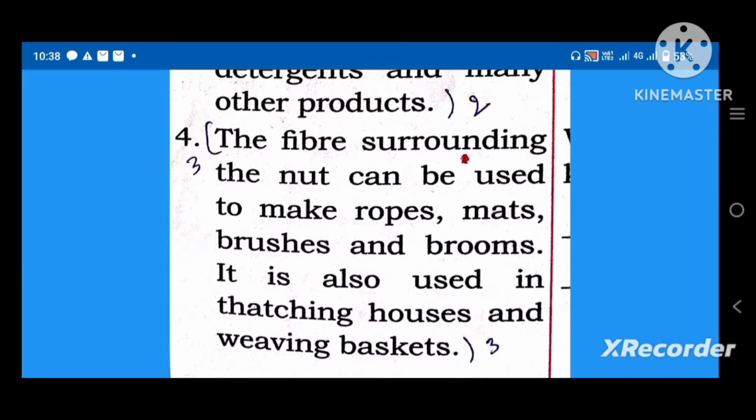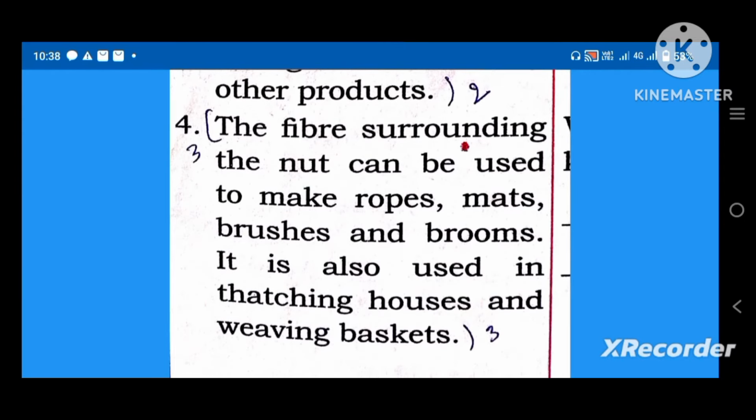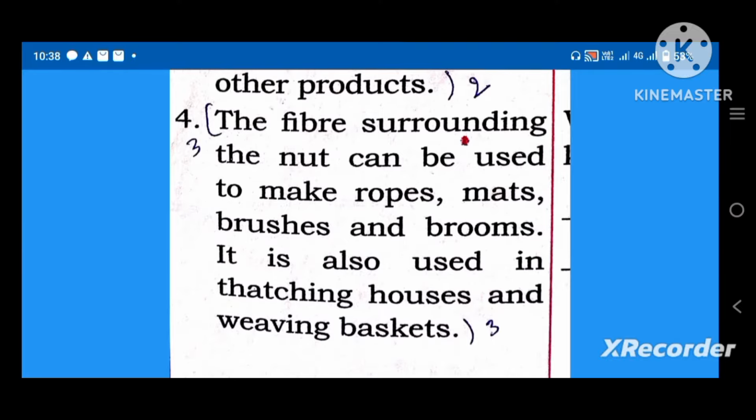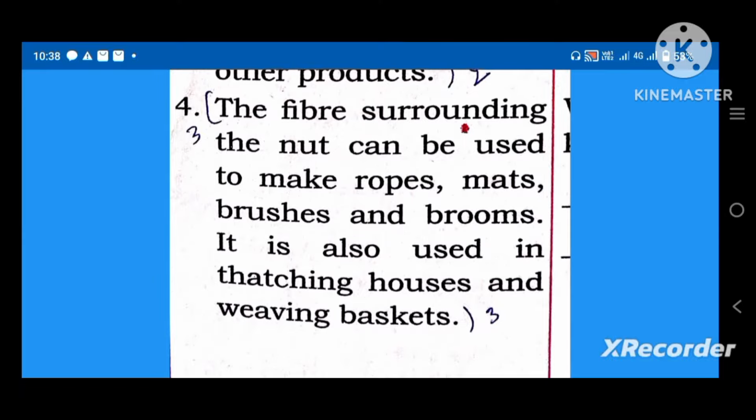The fiber surrounding the nut can be used to make ropes, mats, brushes, and brooms. It is also used in thatching houses and weaving baskets.